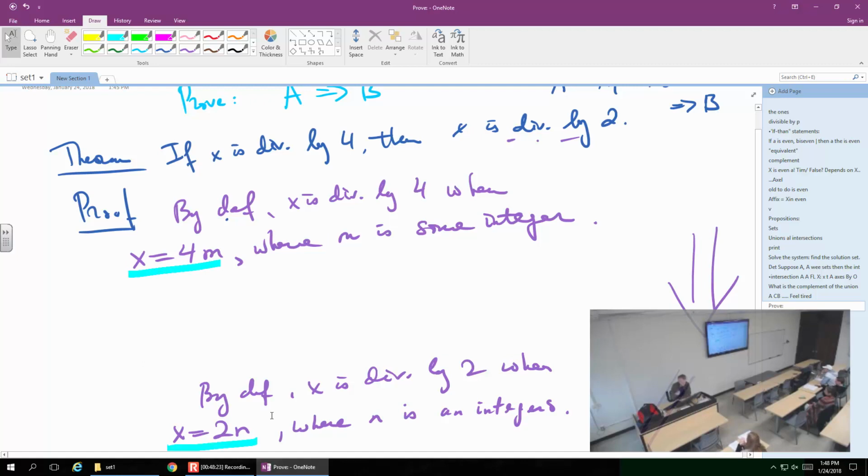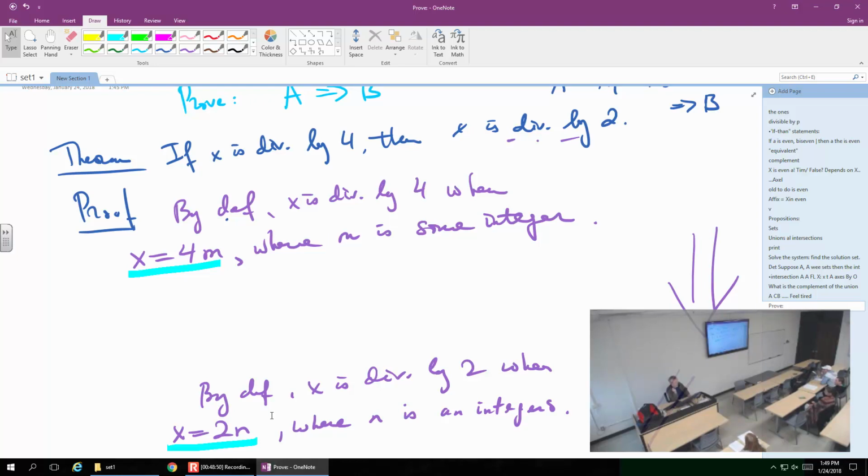We need to get from one to the other. The first statement is taken for granted as the truth, so x has been represented as 4m where m is some integer. So how do we get to that one? m is assumed to be given, and we need to find n.